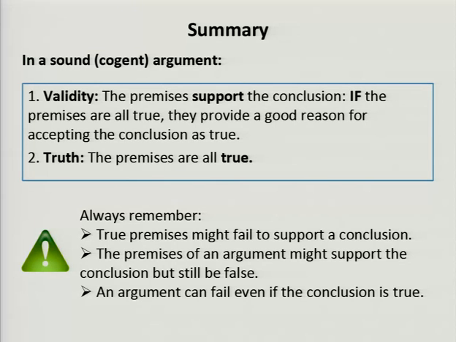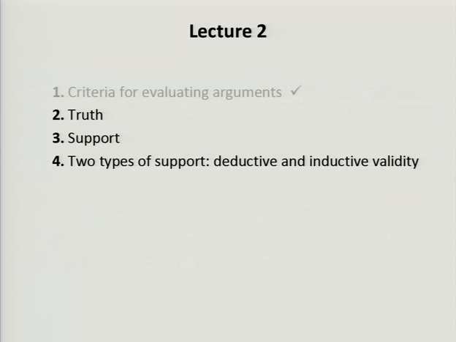And an argument can fail even if the conclusion is true, simply because it's not sound, not valid. So those are things to keep in mind. And that completes our first introduction to evaluating arguments. Everything clear so far?